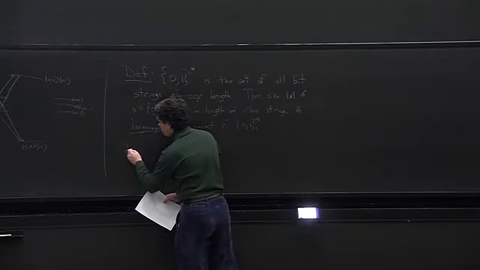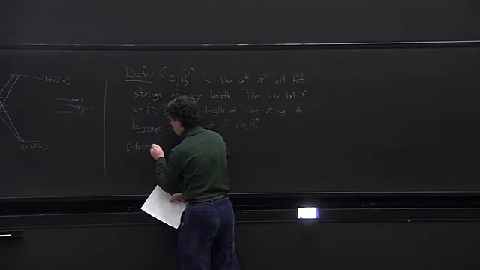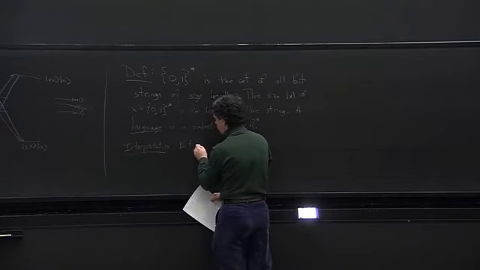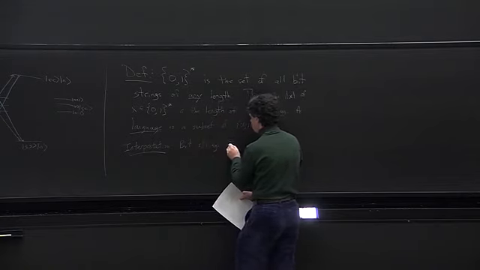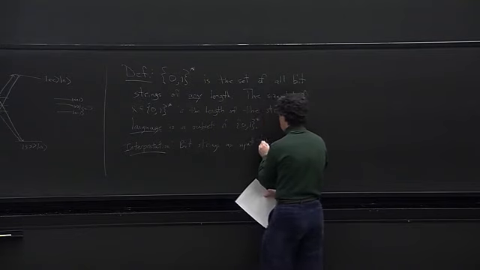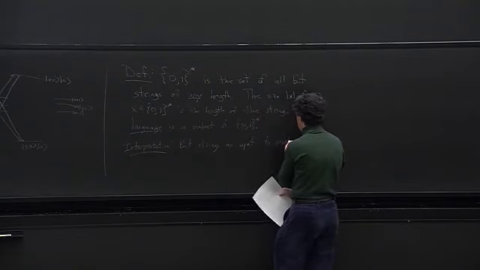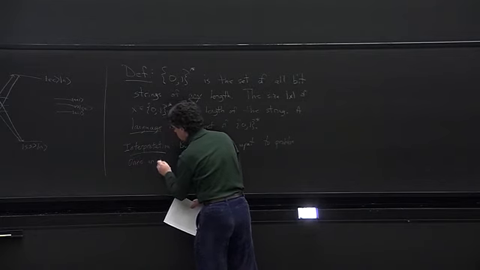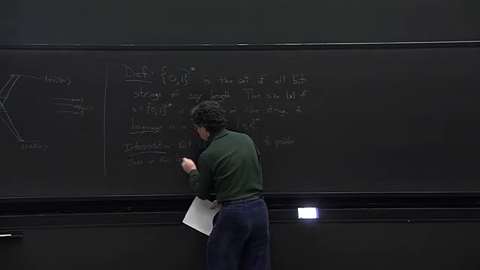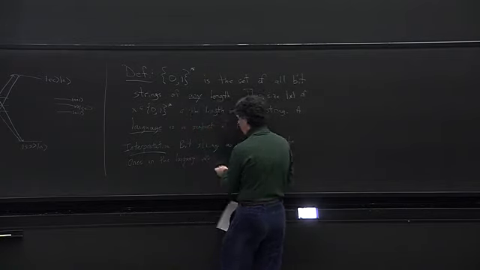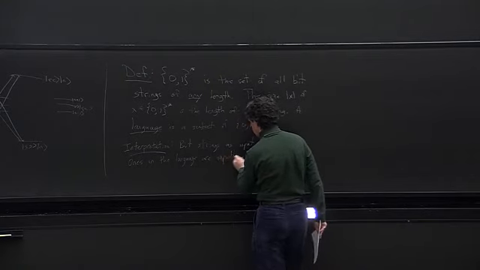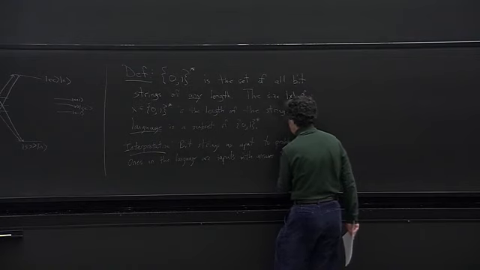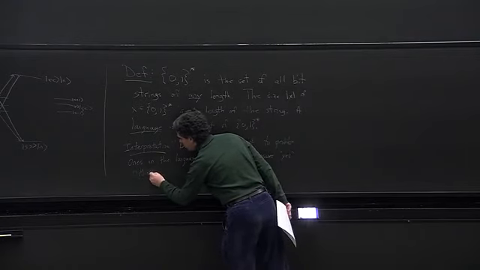So the interpretation here is, we have bit strings as input to our problem. Arbitrary bit strings. And the ones in the language are inputs where the answer is yes. The others give the answer no.